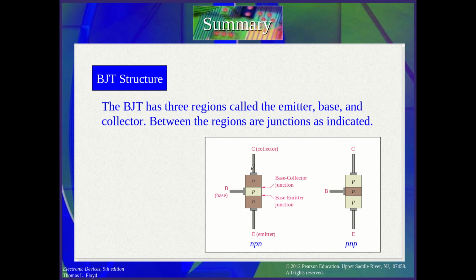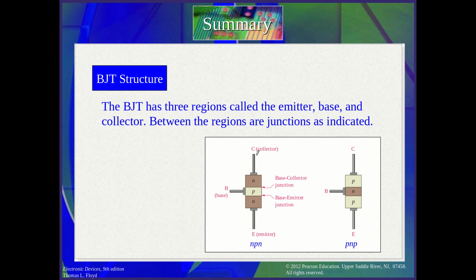This one we call the NPN transistor, and this one the PNP. But remember that this is the emitter, this is the base, and this is the collector, E, B, C. And between each pair of them there is a PN junction, so the base-collector junction and the base-emitter junction.